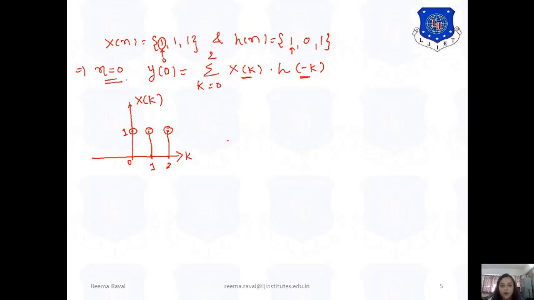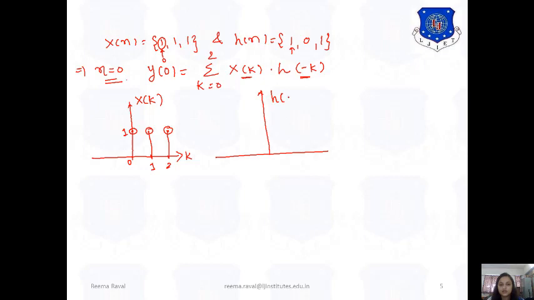So from this we can obtain the x of minus k or else x of plus k plus 1 or whatever it is. And now we need to multiply this x of k with h of minus k. So first of all, let us draw h of k according to the given value h of n, right?